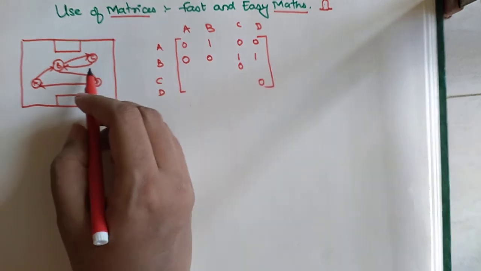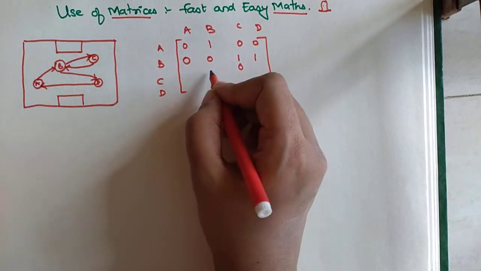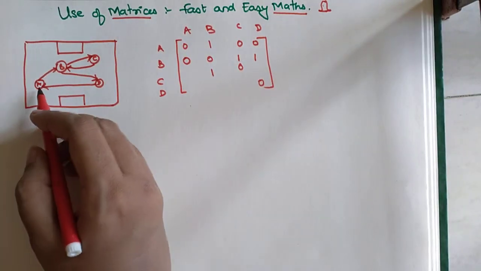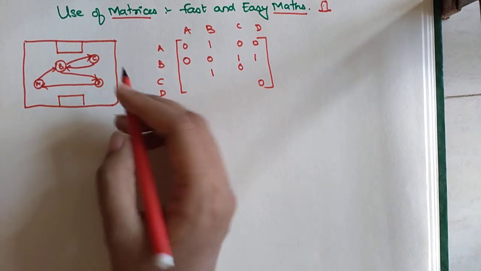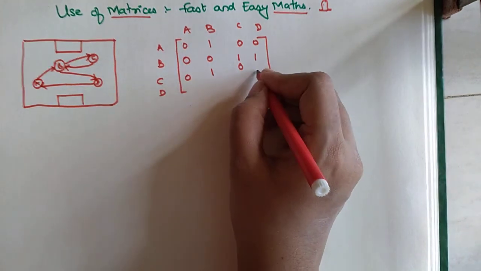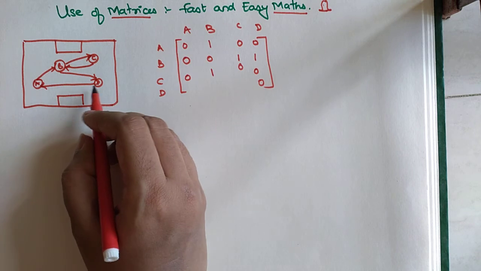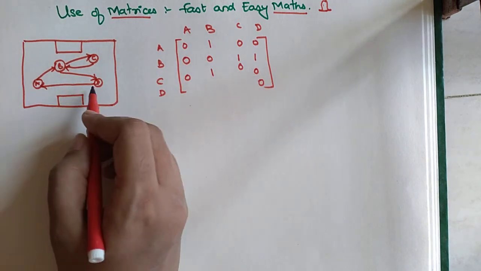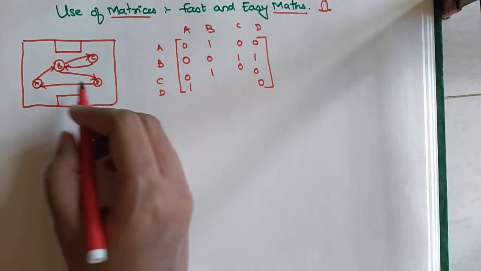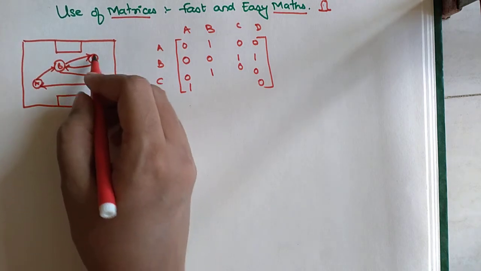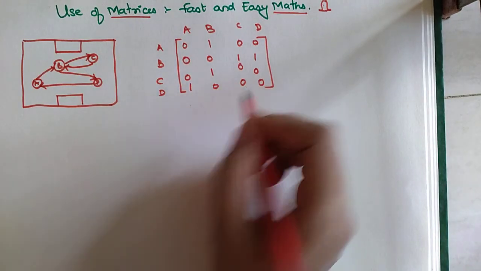Similarly, let's check for C. C is passing the ball to B, but it doesn't pass the ball to A nor D. So here also we'll get a 0. Now let's check for D. So we see that D is passing the ball to A, but it's not passing the ball to B, neither to C. So here also we get a 0.